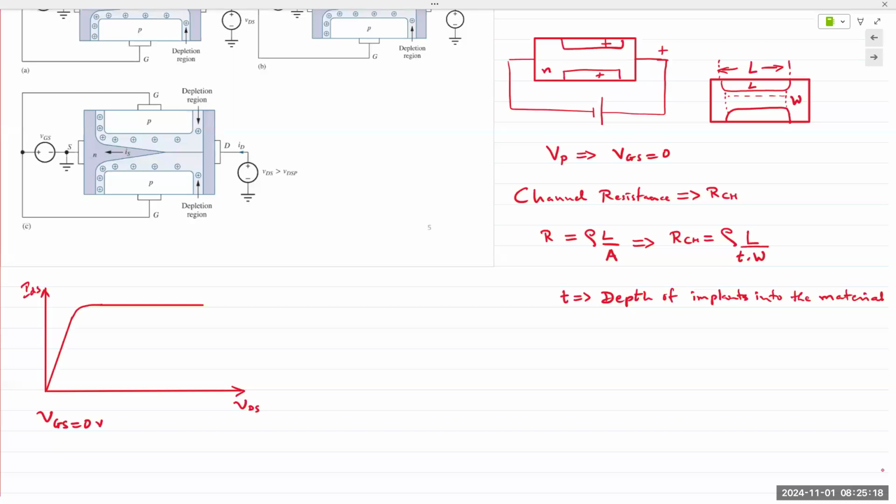And so this is known as the linear region, or to borrow a word from vacuum tubes, the triode region, where the current increases. And then this is, of course, the pinch-off region on this side.